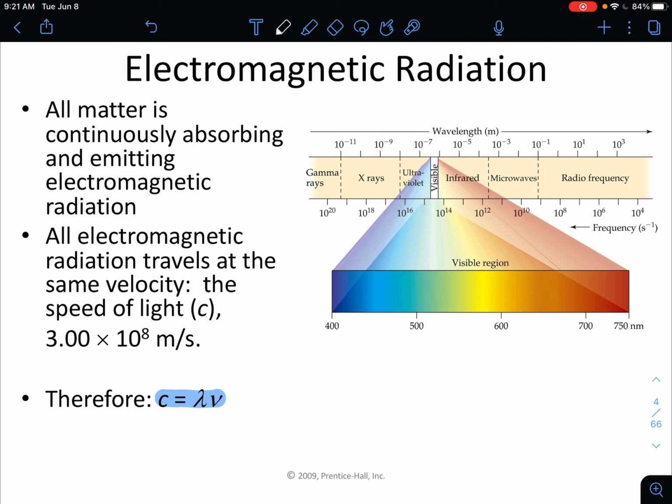Let me just show you the unit stuff real quick, right? Lambda will be wavelength, and let's say in this equation we want to use it in meters. Nu will be frequency, and some books use an f for this.